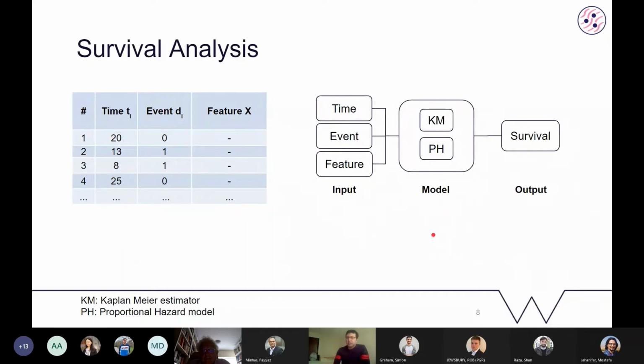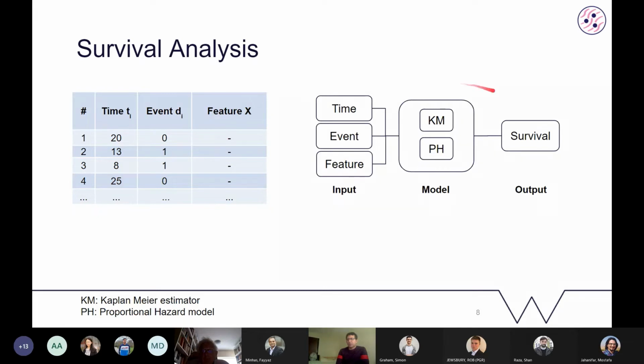A typical survival model, let's say Kaplan-Meier or any proportional hazard model, takes in three inputs. The first is the time when the event occurred or when the individual was censored, and whether the event has occurred or not, and any features that we can obtain for the individuals.